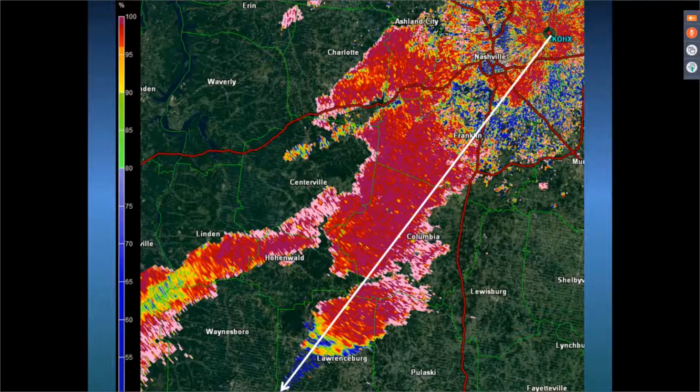Remember, I said anything below 0.8 is typically not a meteorological thing in the atmosphere. And in fact, you can tell here just to the southwest of Lawrenceburg, all this CC is like in the 50% or lower range, and it's basically a false echo. So the radar is picking up that three-body scatter spike and determining it's not a real meteorological object. All right, right there on the screen.